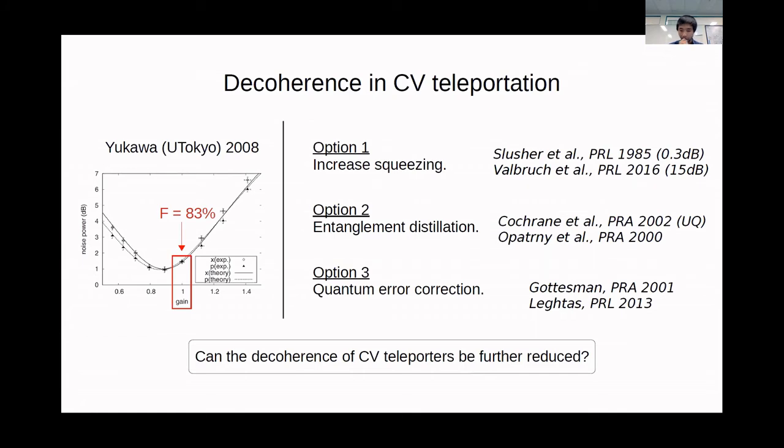That should give you, in principle, a high fidelity. Or you could implement quantum error correction on the input state to protect the state against the decoherence introduced by the teleporter. But so far, none of these proposals, which are all extremely challenging to implement, has actually been demonstrated.